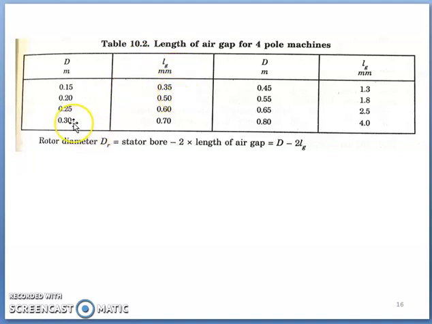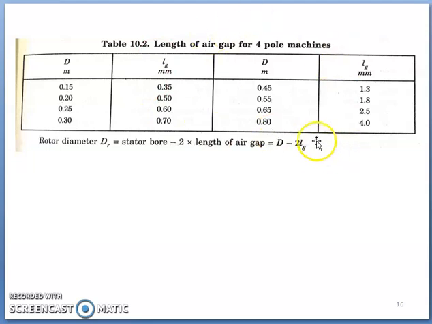For 30 centimeter or 0.3 meter, it is 0.7 mm. For 0.45 meter, length of air gap is just 1.3 mm, and for 0.8 meter or 80 centimeter stator diameter of machine, length of air gap is hardly 4 mm.